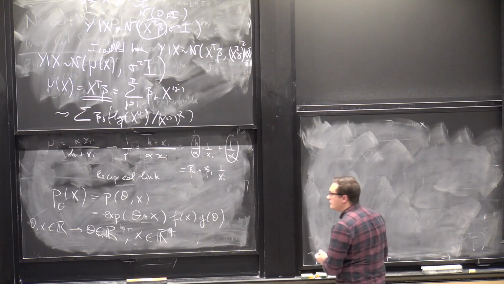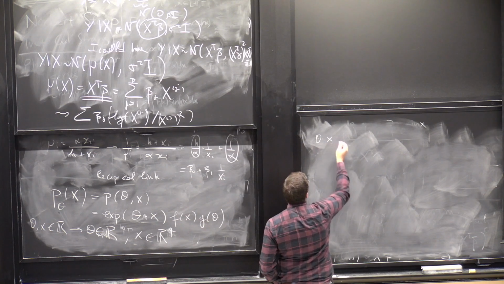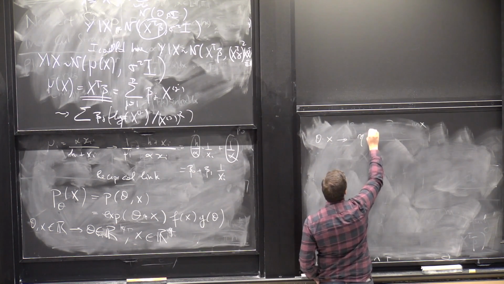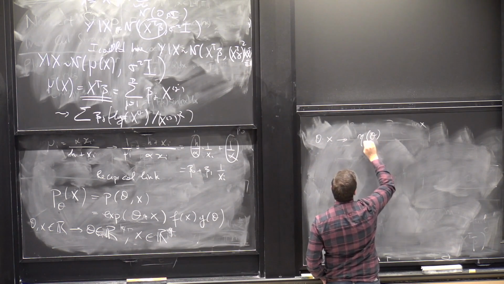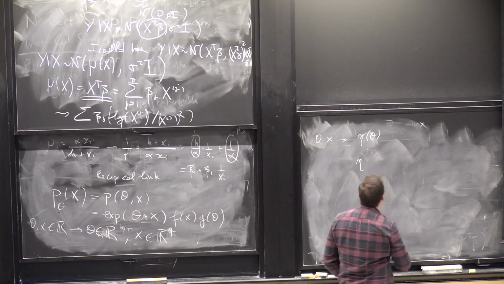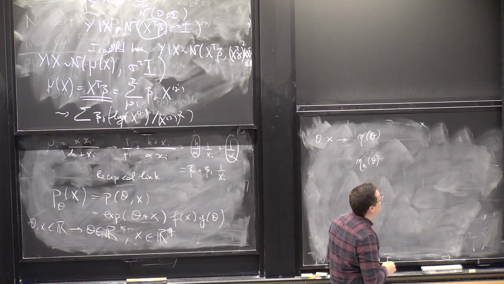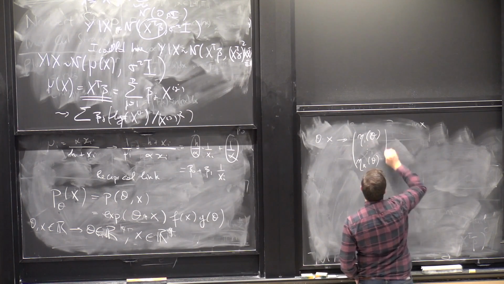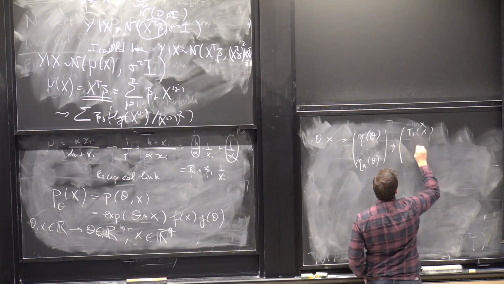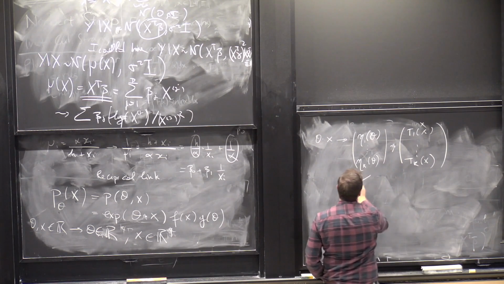Okay, so if I want to go from theta to x, what I'm going to first do is take theta to eta of theta, so let's say eta 1 of theta to eta k of theta. And then x becomes t1 of x all the way to tk of x. And what I'm going to do is take the inner product.